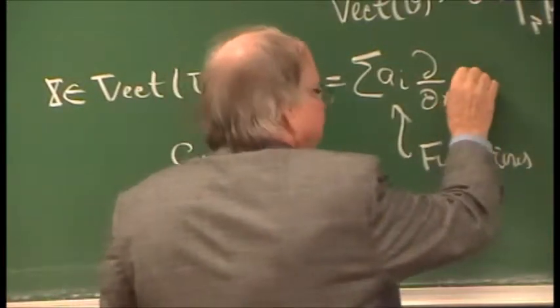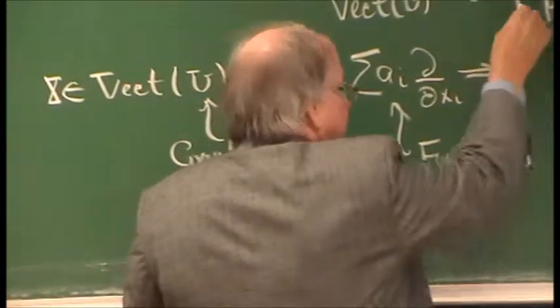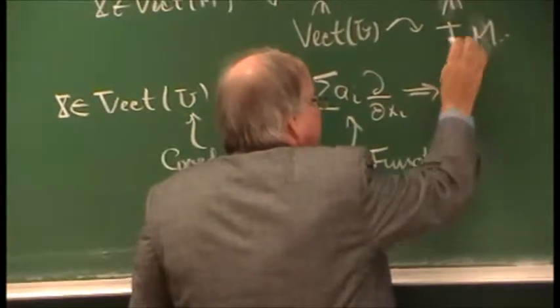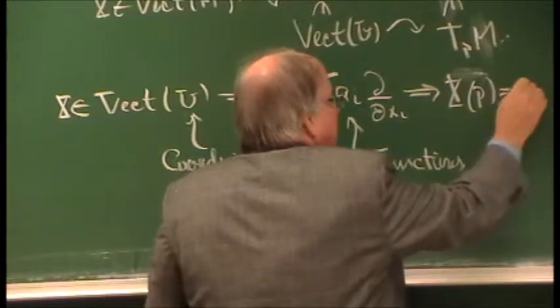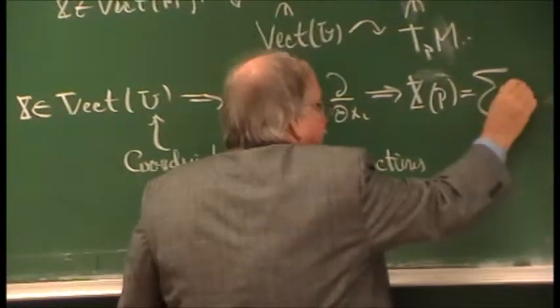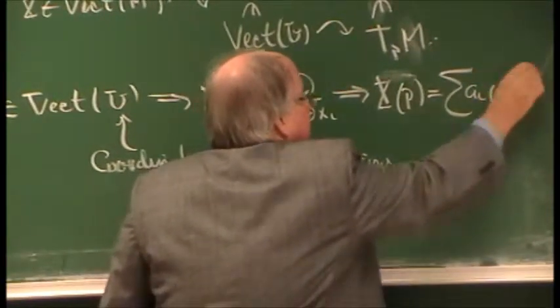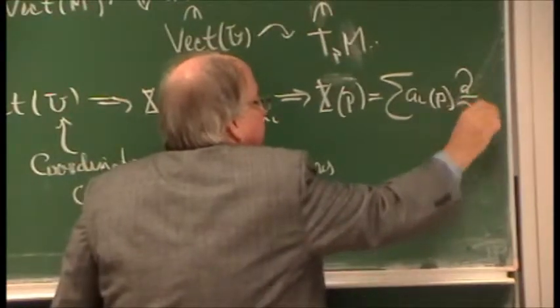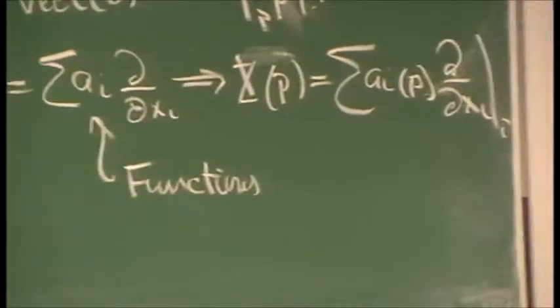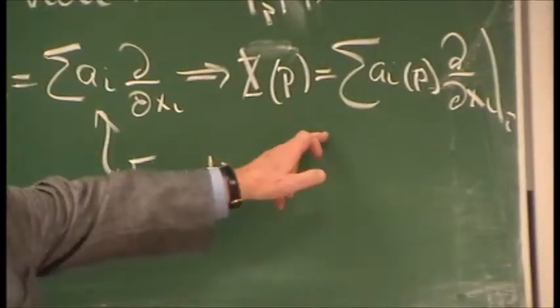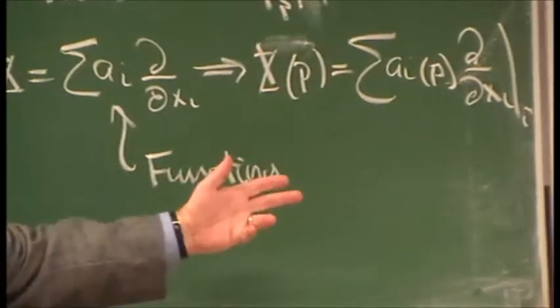And then if you really localize it at the tangent space level, X at the point is the same thing, a_i, but at the point, so now it's a number times the derivative at that point. So the global setting to the coordinate chart setting to the point setting. This makes sense, and we checked it.